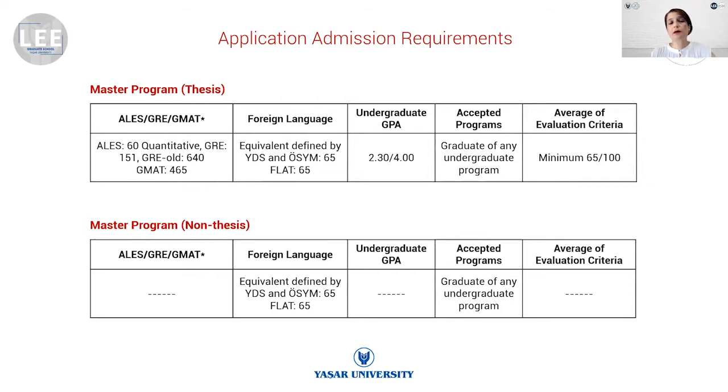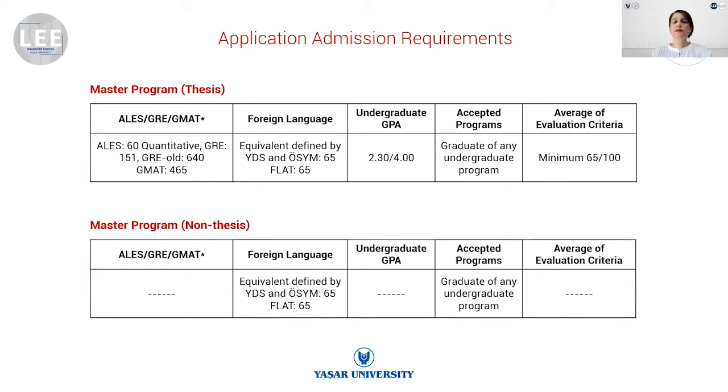In non-thesis programs, no GRE, GMAT, or ALES is required. There is also a foreign language requirement. It should be a minimum of 65 for both programs from YDS or other equivalents defined by ÖSYM.